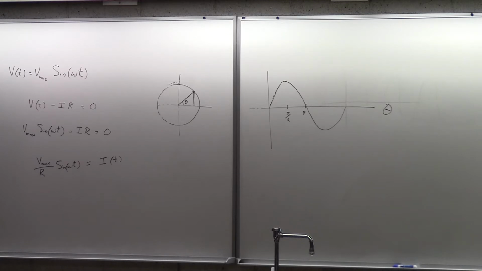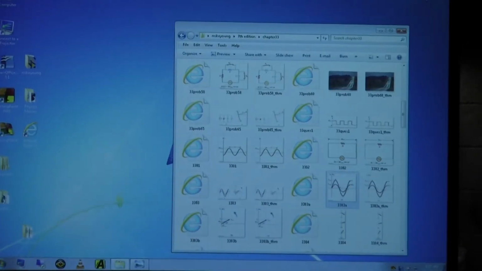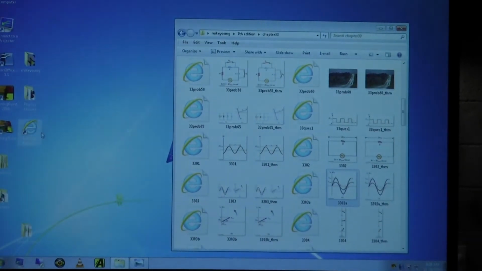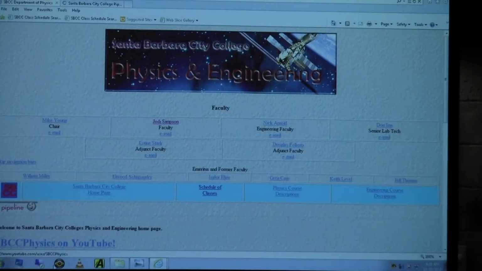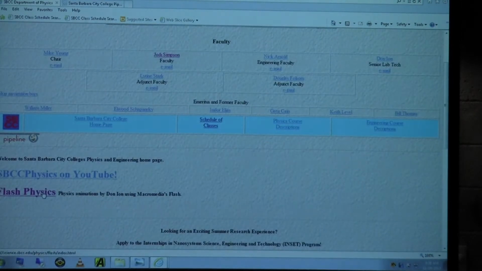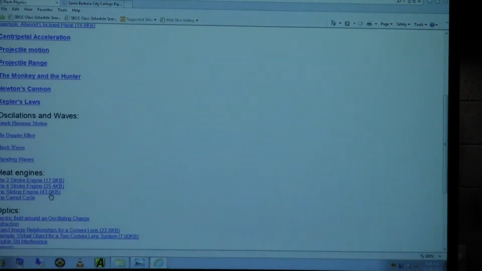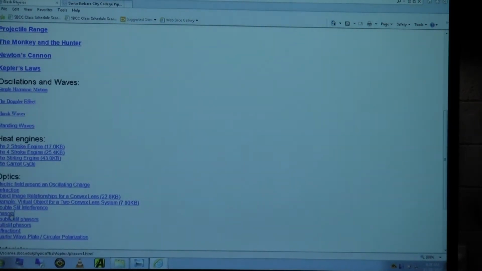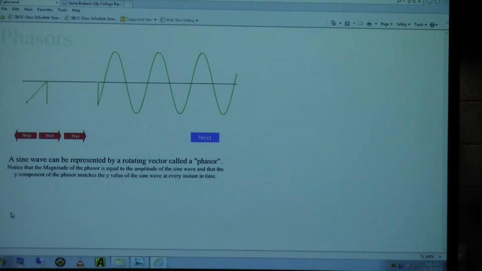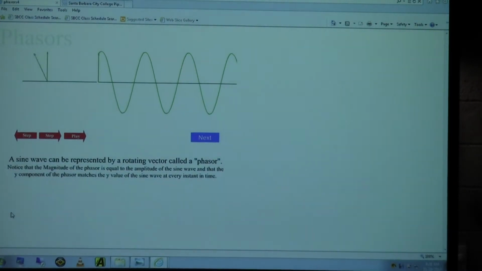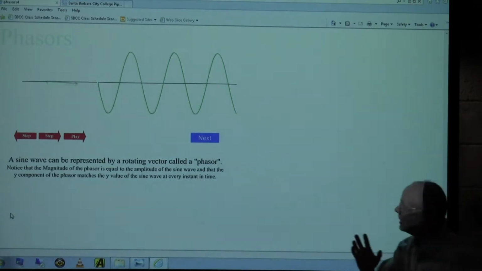And maybe a better visual picture is an animation we put together that I can call up here real quick. It's on our flash page. It's down here in the optics, phasors. There's two ways of looking at a sine function.